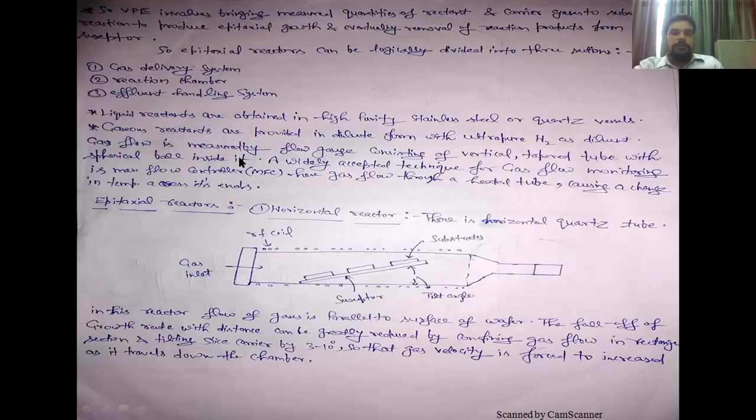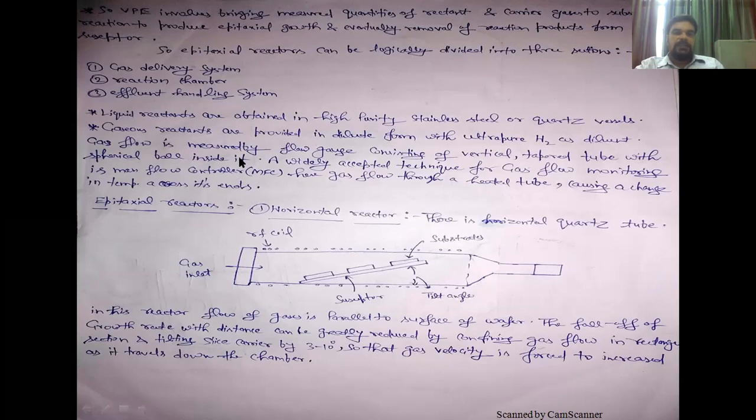So whatever liquid reactants you are having, those are obtained in high purity stainless steel or quartz vessels. Gaseous reactants are provided in dilute form with ultra pure hydrogen as dilutant. Means ultra pure hydrogen is used as the carrier gas. And the reactants from which your epitaxial layer is to be grown are mixed with that hydrogen gas. Okay, and this is the gas flow that is maintained.